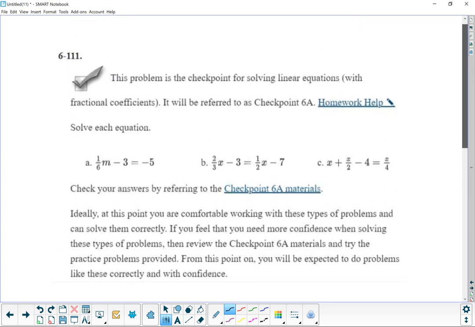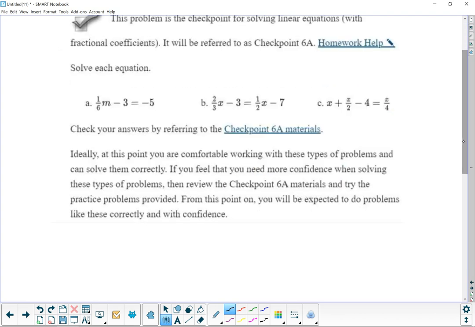Okay, so we're just going to solve each of these. I'm going to do it down here because I'm out of space. So for A, 16m minus 3 equals negative 5. And if you read through this, we're expecting you to do this with no issues at all, no problems and no screw ups.